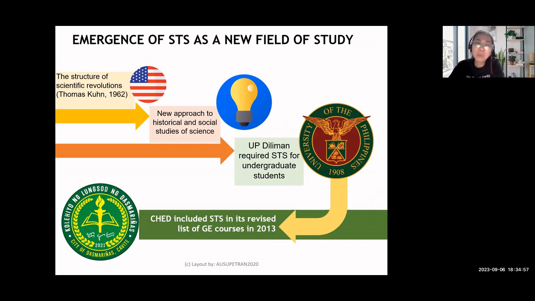And then new approaches in historical and social studies of science began in the following years. And then UP Diliman started offering STS to its students. So this is the first university that came up with a program for STS. UP Diliman required STS for all their undergraduate students. So whatever your course is, there's always an STS subject that you would take.